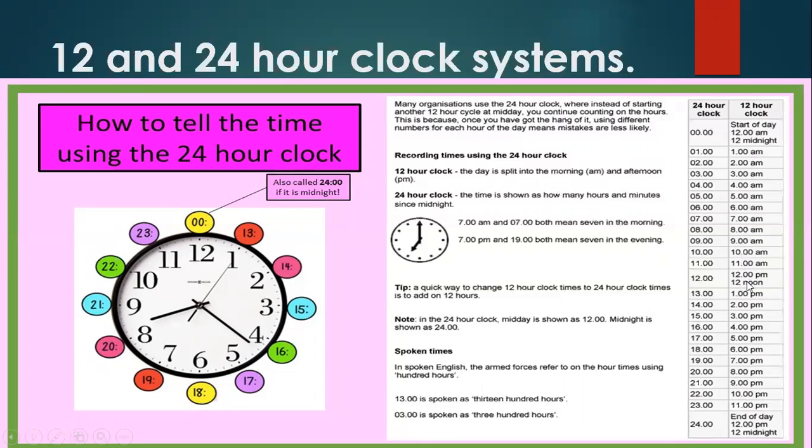In 12-hour clock system, you restart counting hours from midday, and you call this one 1 p.m. But in 24-hour clock system, it is 1300 hours. If I give you 1 p.m. and you want to change it into 24-hour clock system, it is 1 plus 12, which is 13 hours. 9 plus 12 is 2100 hours, until you reach the end of the day.